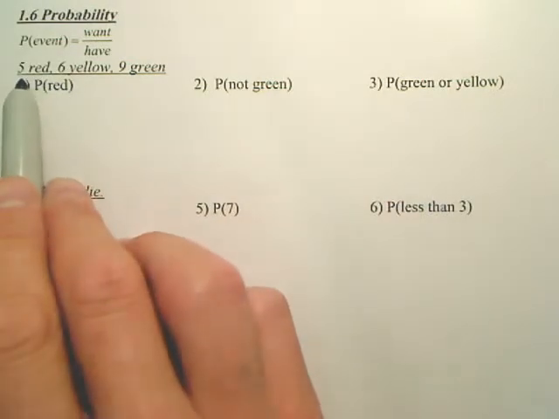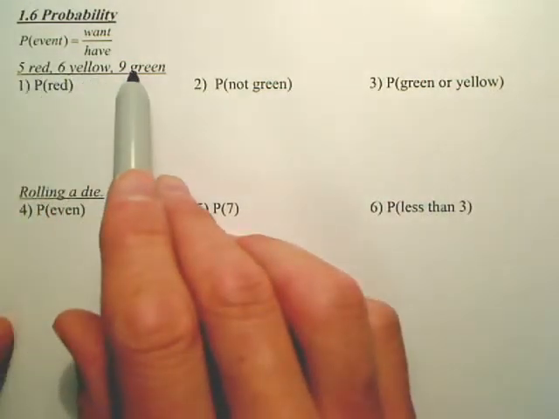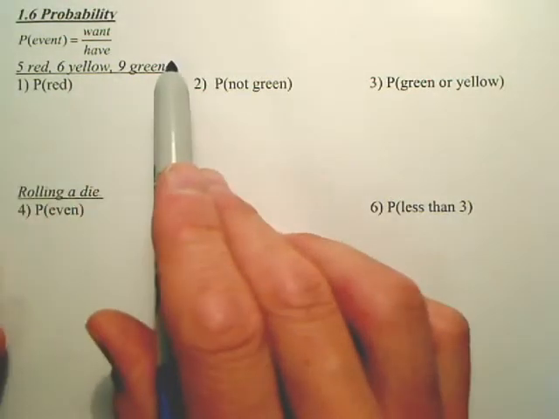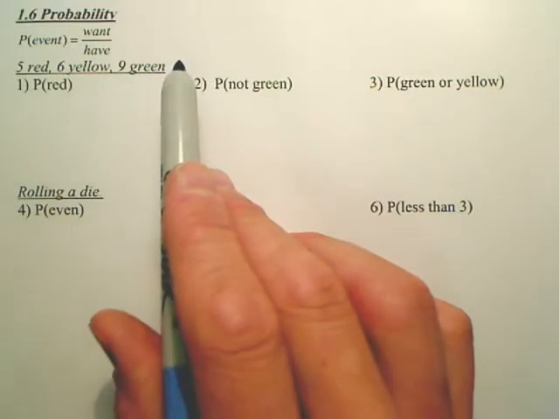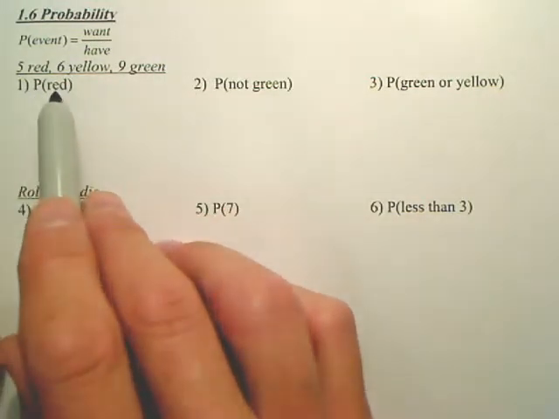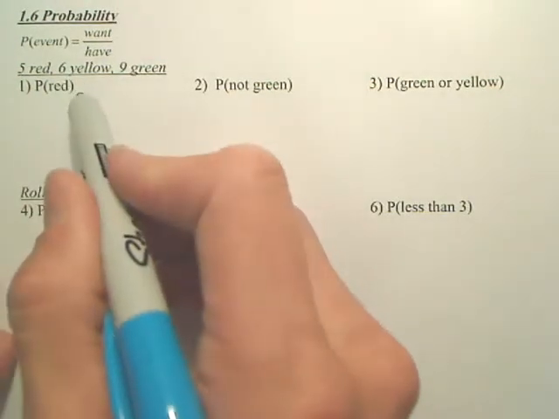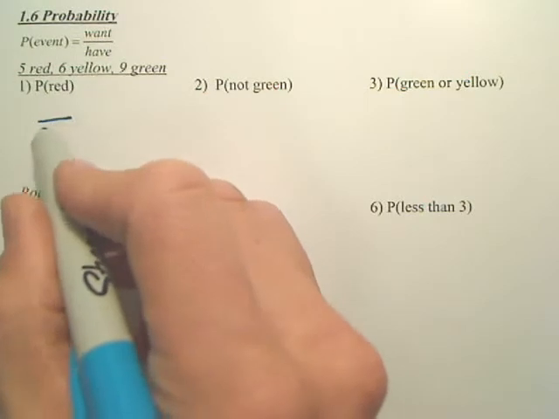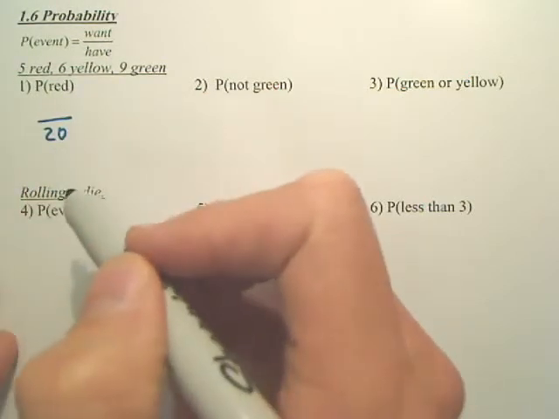So let's say we have a bucket with, sorry, how many pins are there? 20 pins or marbles or whatever, different colors. If I randomly draw one out, what's the probability of that one being red? Well, how many do I have here? I have 20 available.